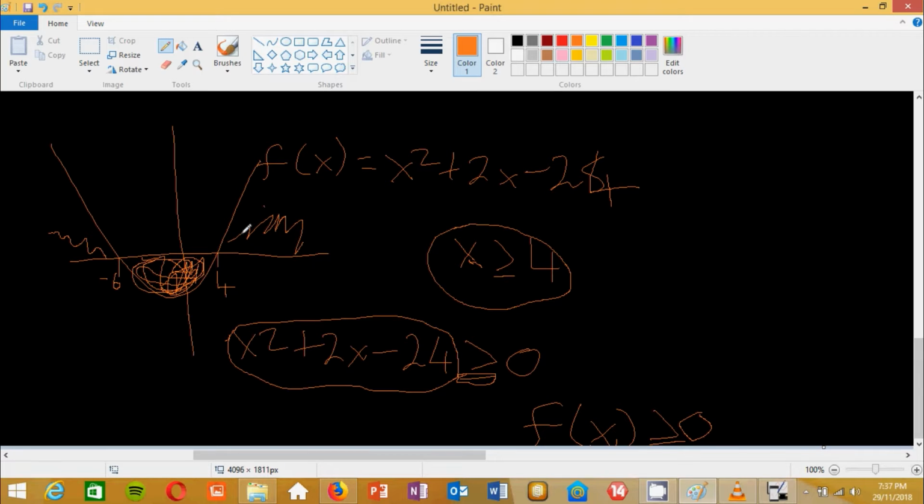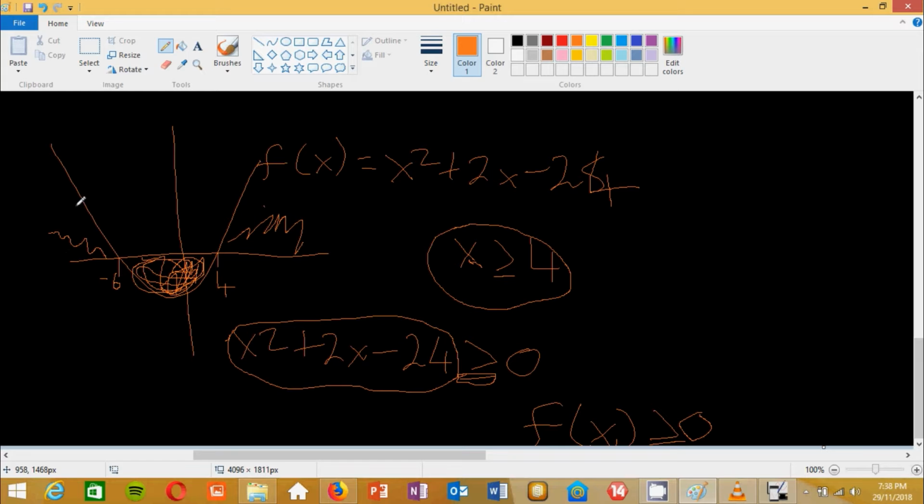It's greater than 0, because if you take all these values here, f of x is greater than 0. And again as well, we want x values to this side, x values which are less than -6. Remember, as we go this side, we're going to x values which are less than -6. If we take any x value that's less than -6, f of x is going to be greater than 0.